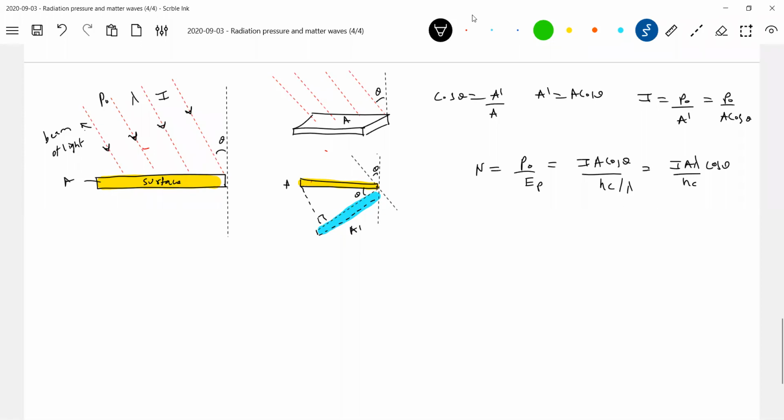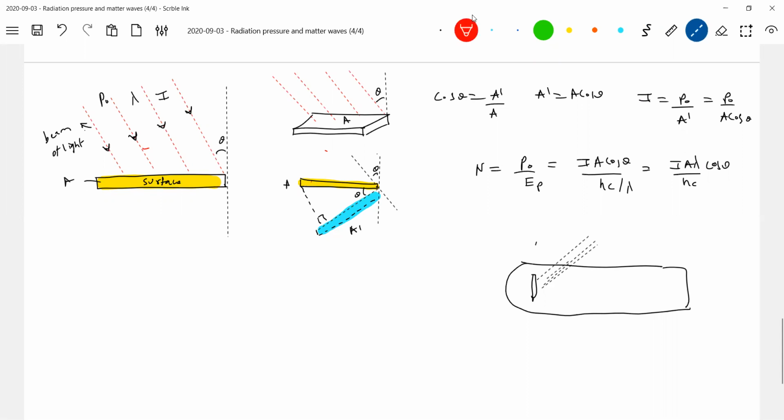So you have to be very careful. They may trouble you with these questions in the photoelectric effect. If the surface is like this and the radiation is incident, and I change the orientation like this, what will happen to the number of photons incident on it? Will it increase or decrease?